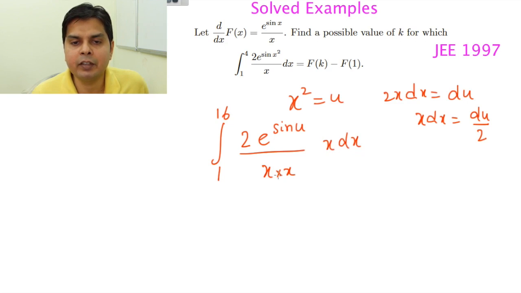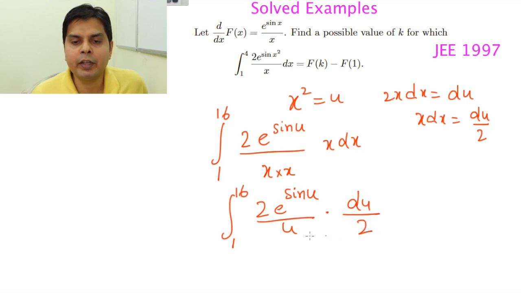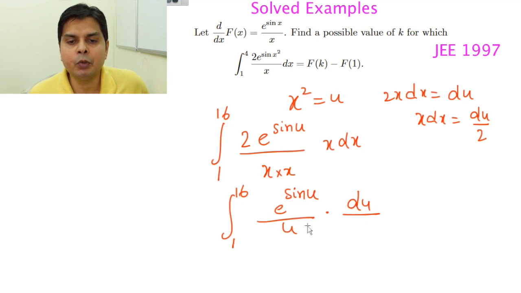So I get x dx, and this x square will become u. This 2 I can bring out, and this x dx is here. So this will become the integral from 1 to 16 of 2 e to the power sin u, divided by u, times du by 2. Now this 2 and this 2 I can cancel. So what is this? e to the power sin u by u du.